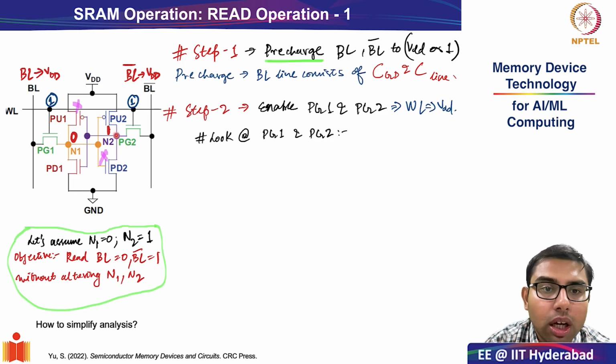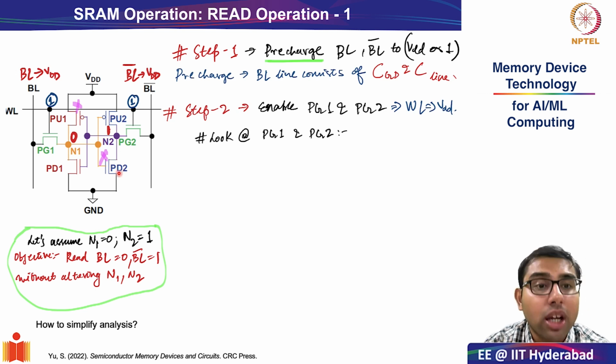Similarly, for pull up 2 and pull down 2 corresponding to inverter 2, the input is connected to storage node 1, so the NMOS or the pull down transistor 2 will be deactivated, right? So right at the beginning, we can take 2 of the transistors of this complicated 6T cell out of question, right?